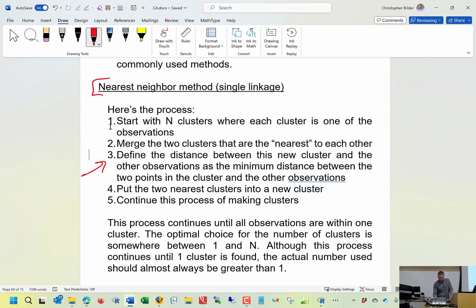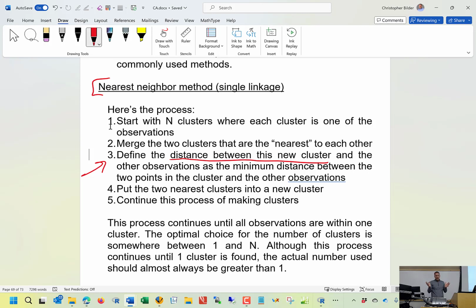The way that this is done, and we'll go through a simple example shortly, is that the distance between this new cluster and the other observations is the minimum distance between the 2 points in the cluster and the other observations. So now I have all these distances again, and I need to merge a set of clusters again.